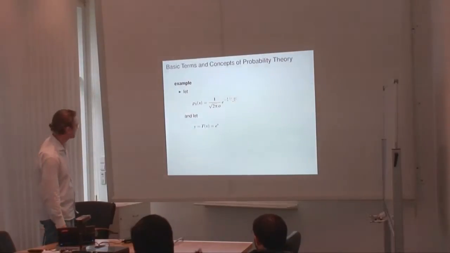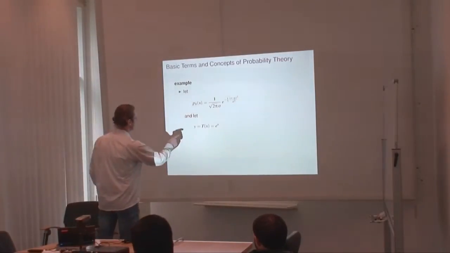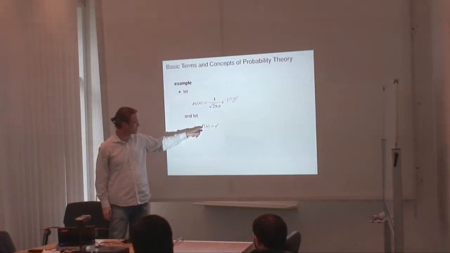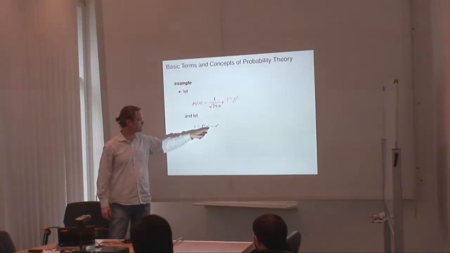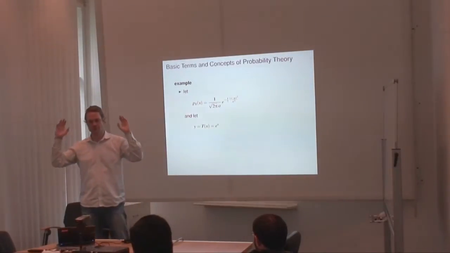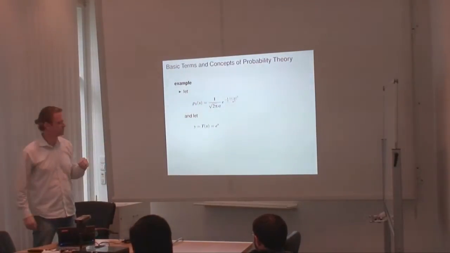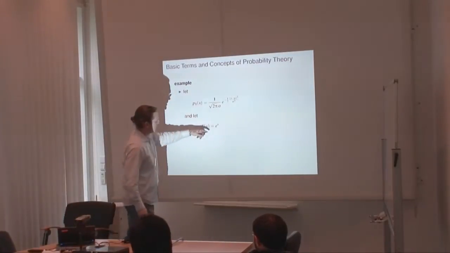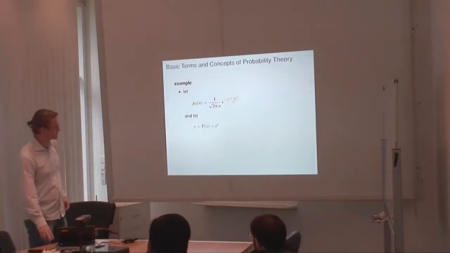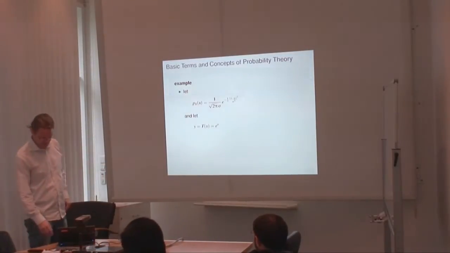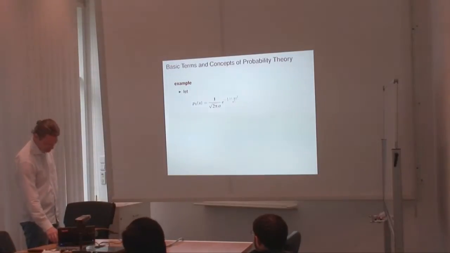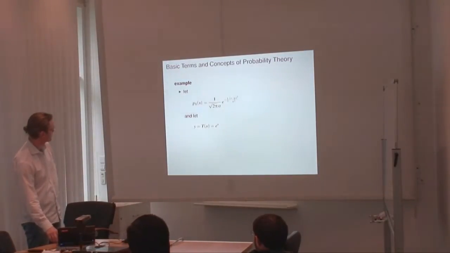But let us assume that we produce a new variable Y as a transformation of X, where we just say Y is e raised to the power of X. This is some transformation mechanism. It's certainly monotonous, because the exponential function is definitely monotonous. So it meets the requirement I sneaked in onto this slide here. This is a monotonous transformation.